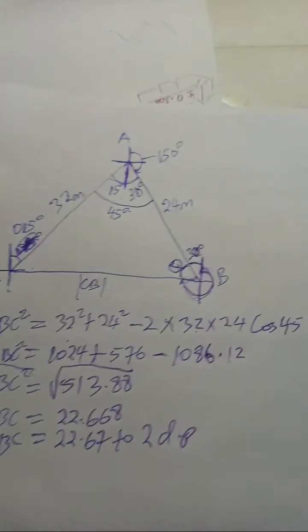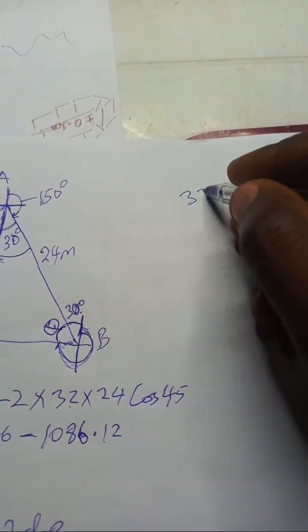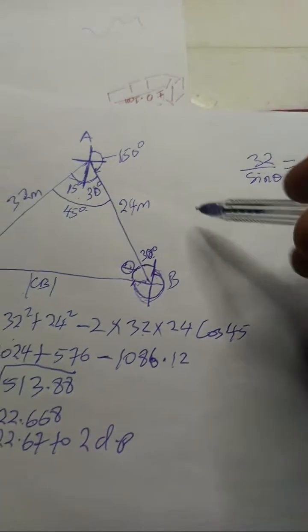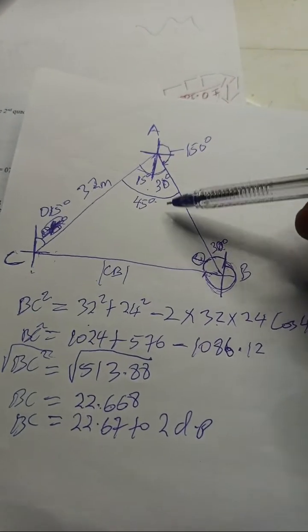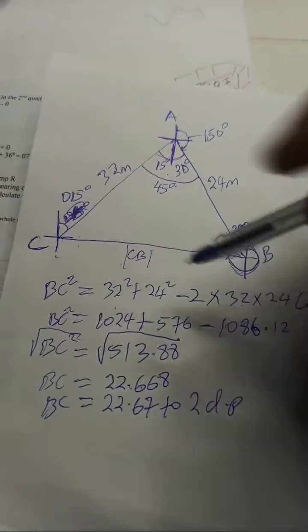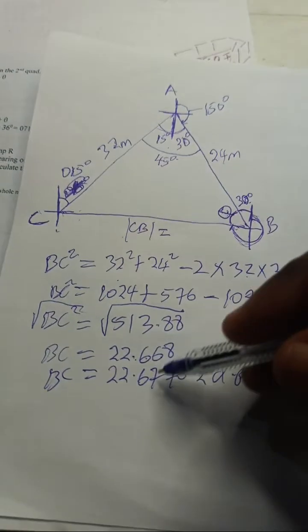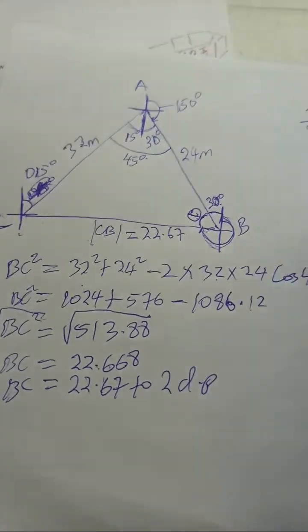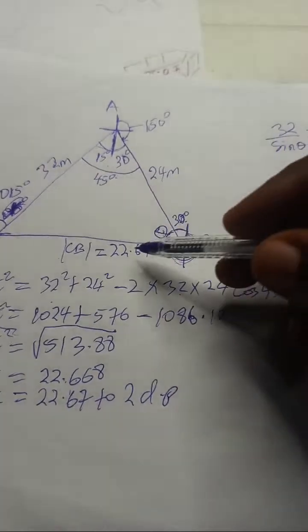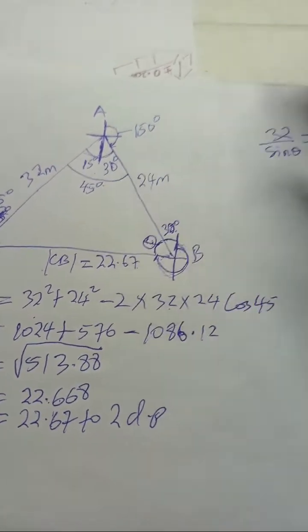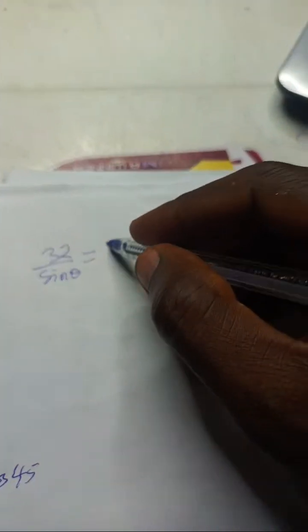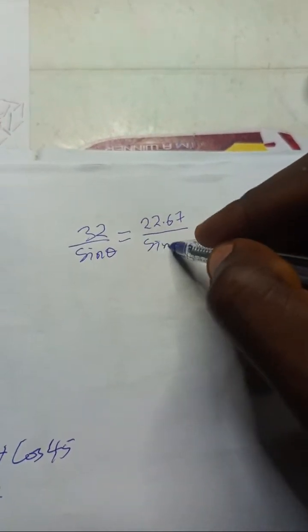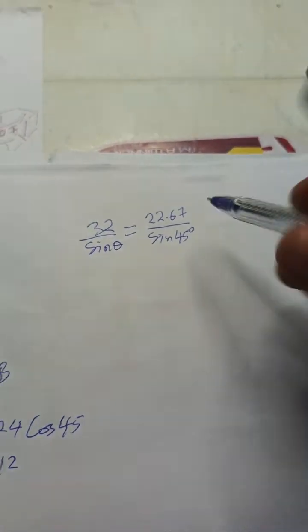So it means 32 over sine theta is equal to, now let's take one that we know very well, this to this. Remember, this answer is now 22.67. So that's what we are going to use. So it means 22.67 over sine 45 degrees.